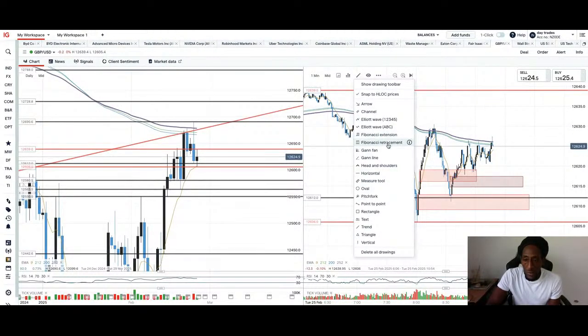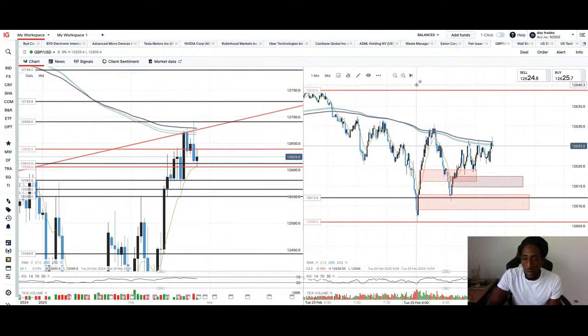This is not a place to be taking a trade at all. But yeah, we're a little bit above 50% of today's range. Obviously, you can see price is building structure to go higher.